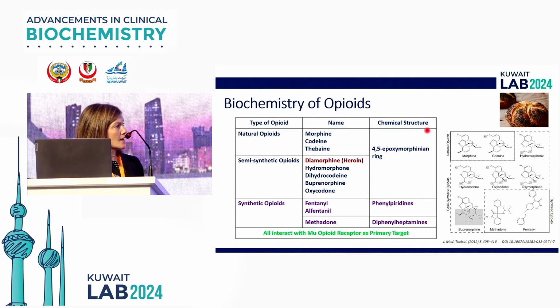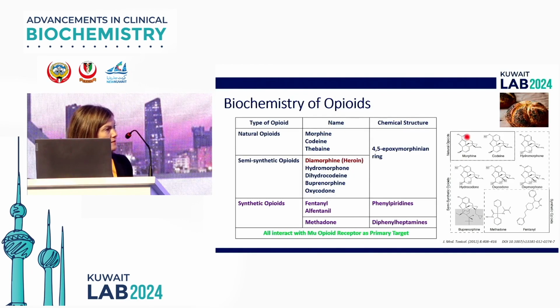Synthetic opioids are rather different, so fentanyl, alfentanil, and all of those fentanyl analogues that are too many to list in this table, they have a phenylpiperidine structure, and methadone is different again, methadone has a diphenylheptane structure.